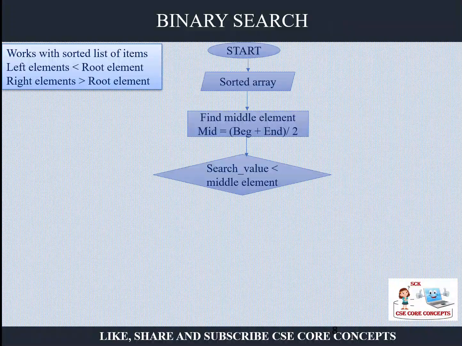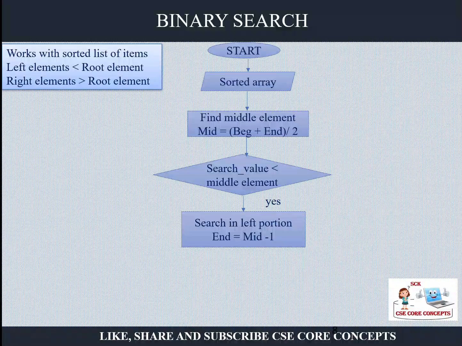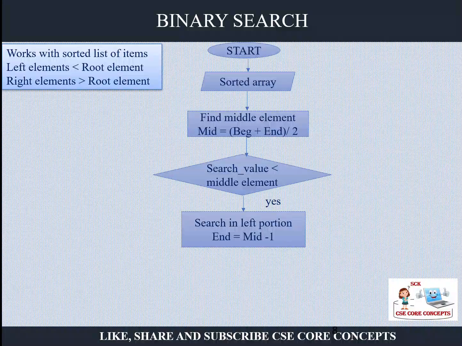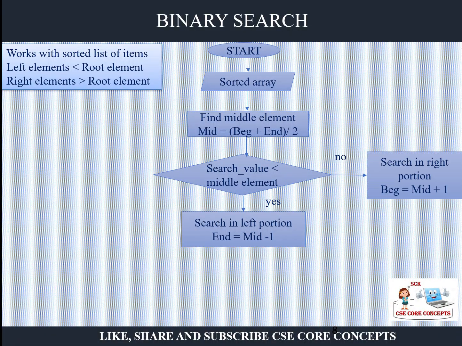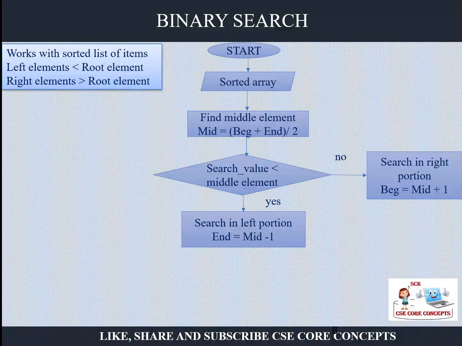If your search value is less than the middle element, then you search only in the left portion. Why? Because only the lesser values are on the left side of the middle and the higher values are on the right side. So if your search value is greater than the middle element, then we will search only in the right portion.